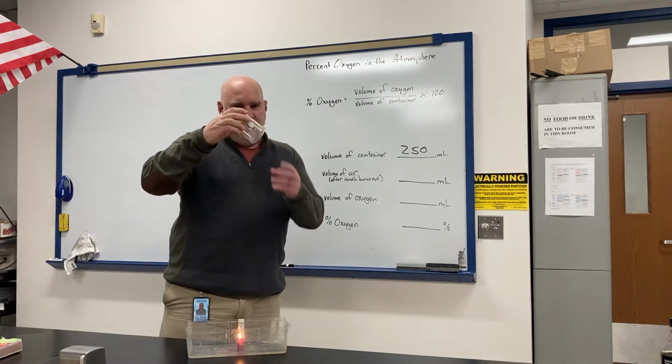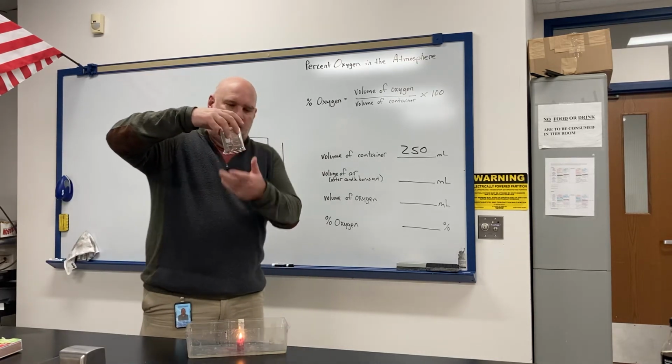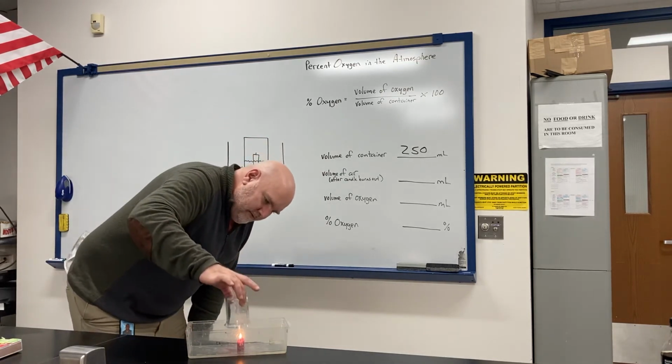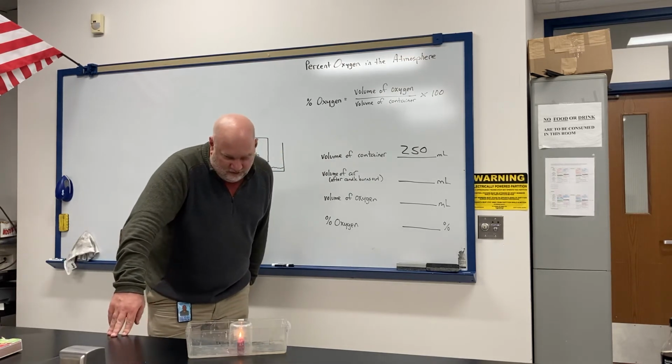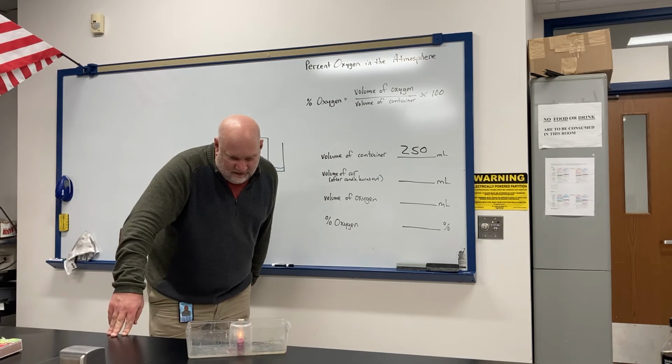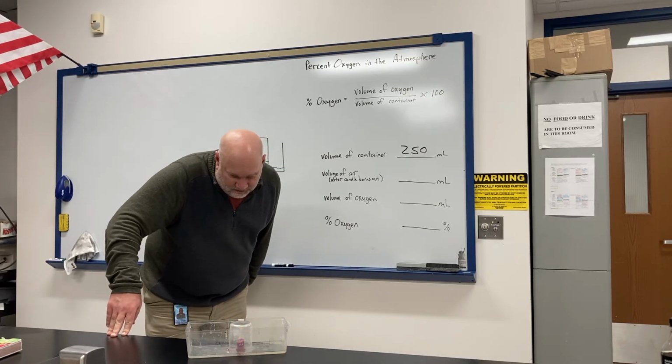Now I'm going to take the beaker and place it over the top of it, as such. We'll watch as the candle burns up all the oxygen out of there, and eventually it goes out.